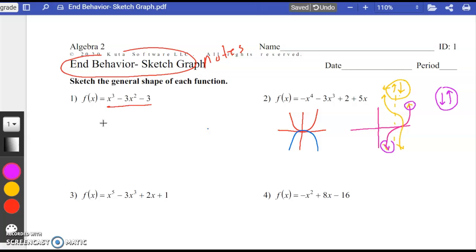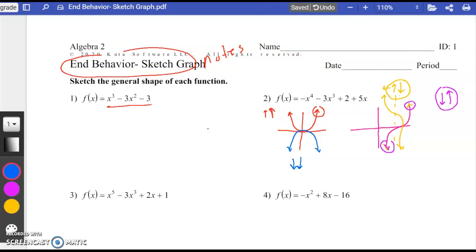When we look at this red one, we have an arrow tip there, arrow tip there. So on the left side it's going up, and also on the right-hand side it is going up. If we look at the blue one, we have an arrow tip down there and an arrow tip down there. So our arrow notation will look like down, down.